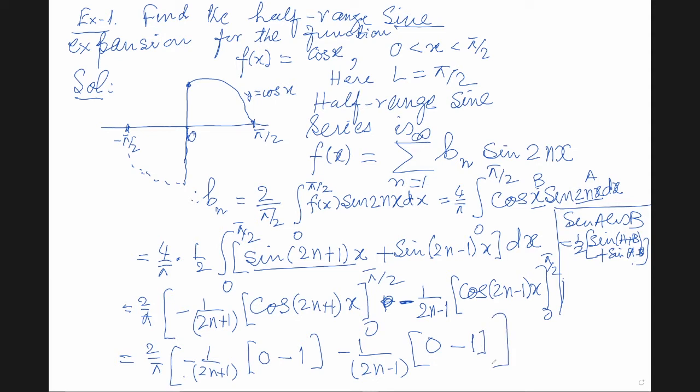So what you got here? You got minus 2 over pi outside, 1 over 2n plus 1 plus 1 over 2n minus 1.